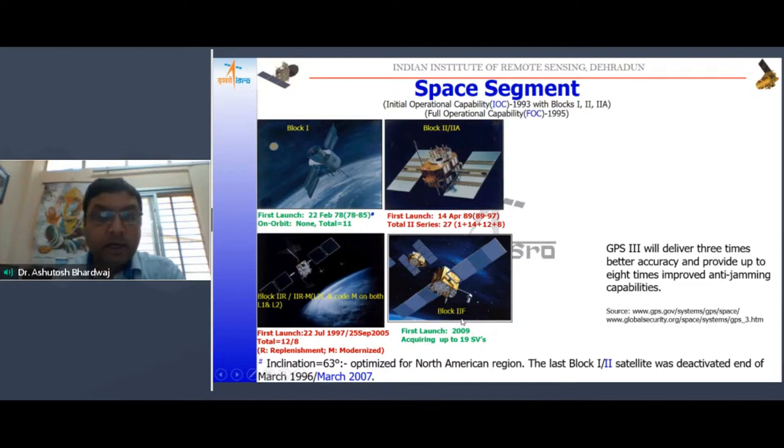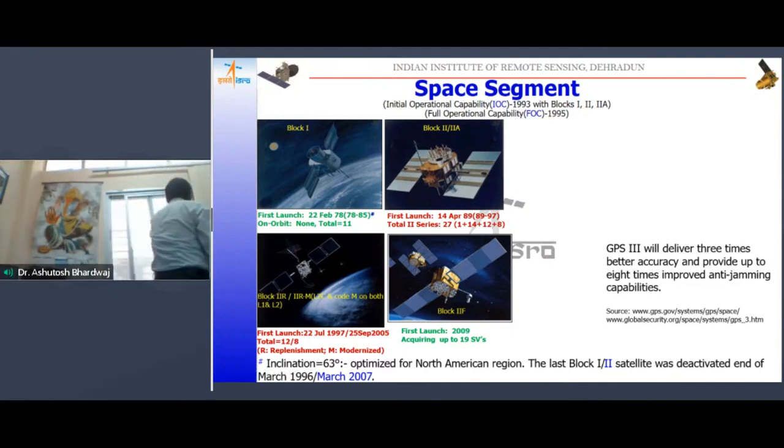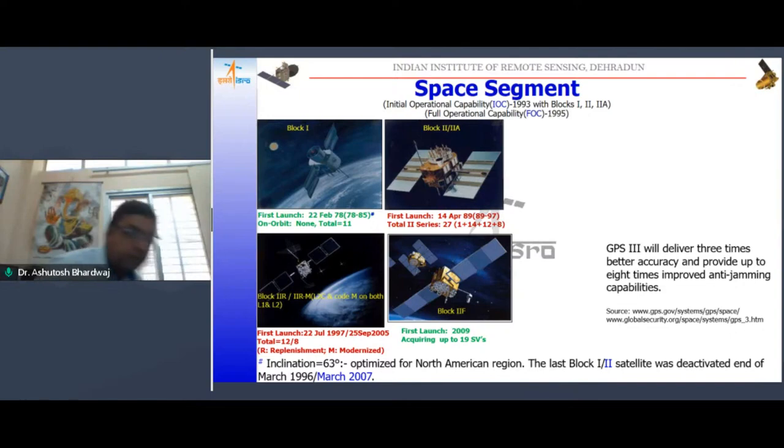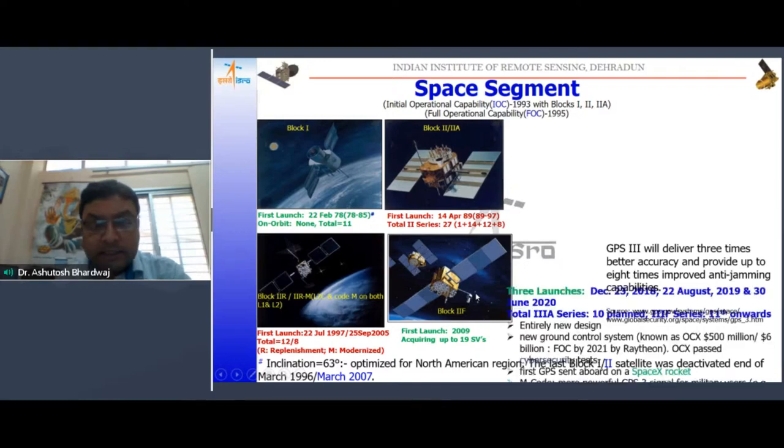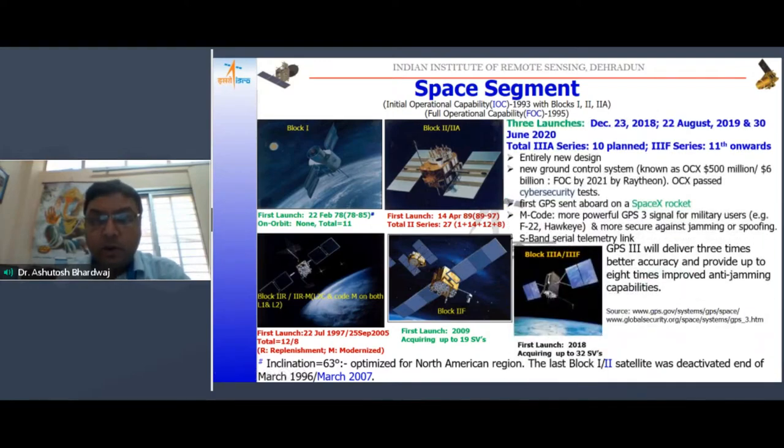So currently most of our services depend upon block 2F, and the latest system which is now under development is the block 3.